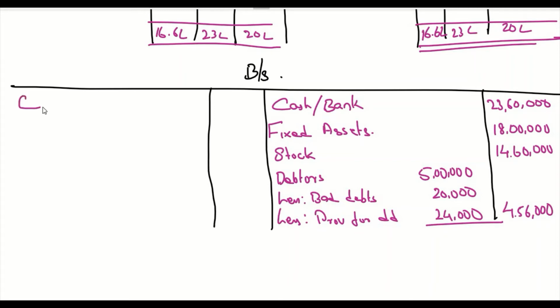Then on the liability side, we have creditors. There is no change to creditors. It's 4 lakhs. Then there is capital.